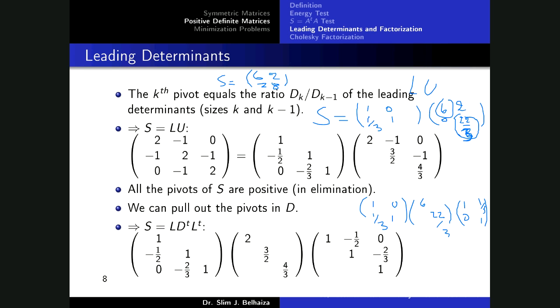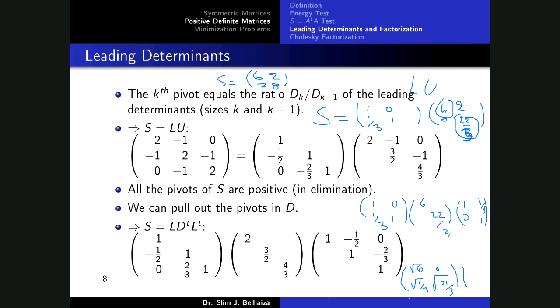So basically, I get the following matrix, which has root of 6, root of 1/3, and root of 22/3. So this is A transpose.